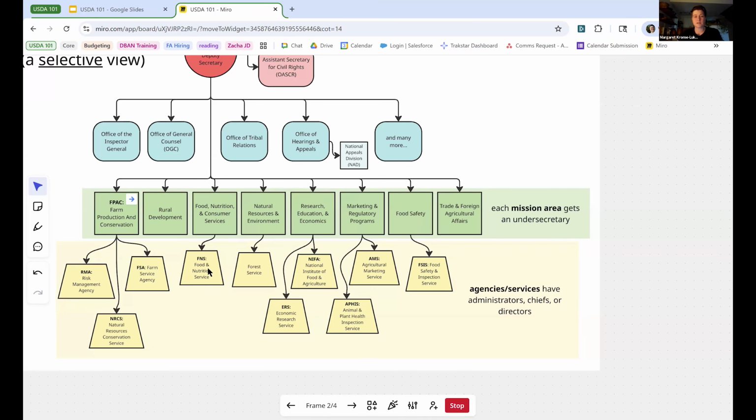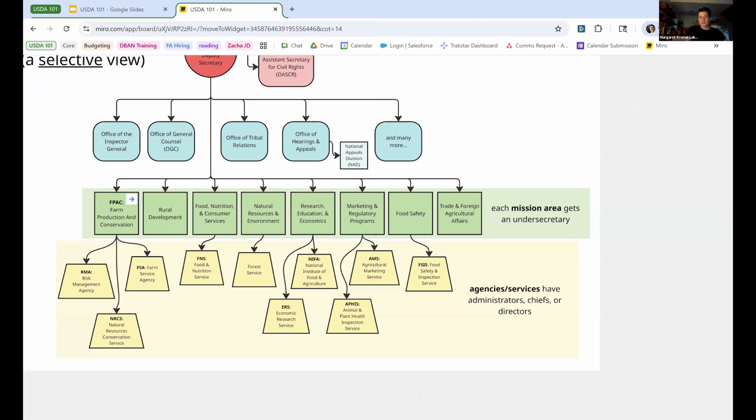Forest Service, if you are working with a farmer that is managing forest lands or timber, they're going to become relevant. Also, firefighting lives in Forest Service, which unfortunately is becoming increasingly relevant.